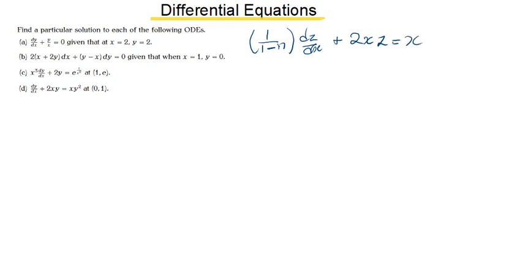I'm just writing from that one there. For this one, your n is equal to 2. I'm getting my 2 from what you have there. And our z for a Bernoulli is y to the power 1 minus n, so if you put 2 here, z is simply 1 over y.